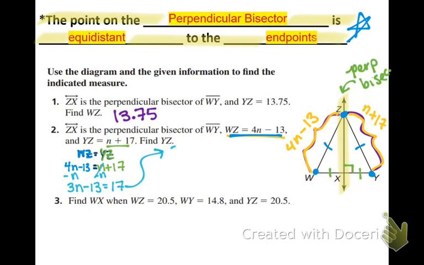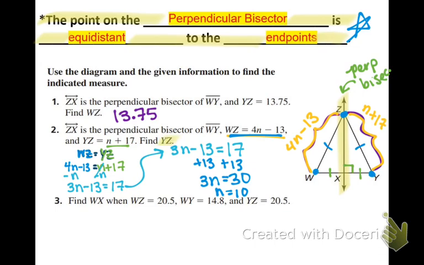I'm going to move this over and bring my equation up here. Right now we have 3n minus 13 equals 17. We want to get n by itself, so we need to add 13 to both sides. 3n equals 30, so n equals 10. Once we have n, we actually want to find YZ.